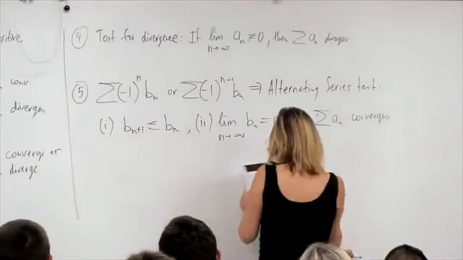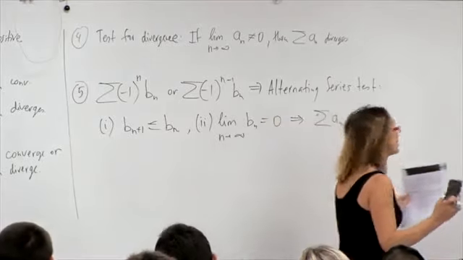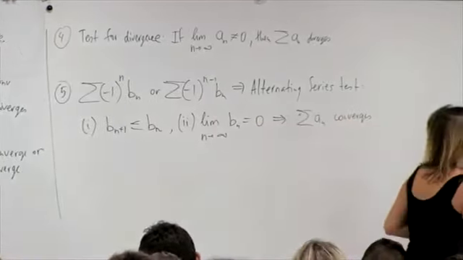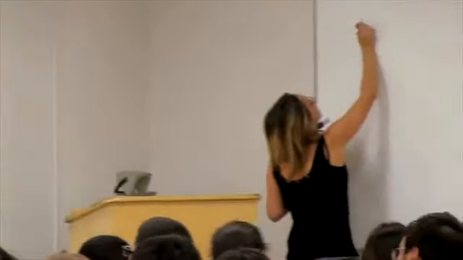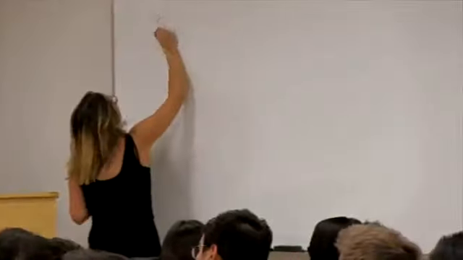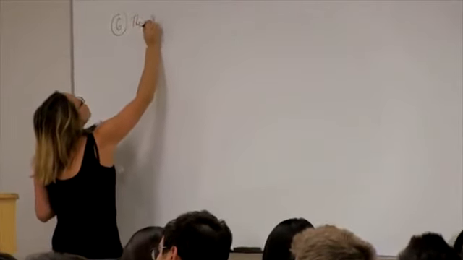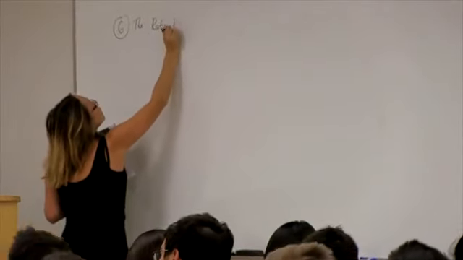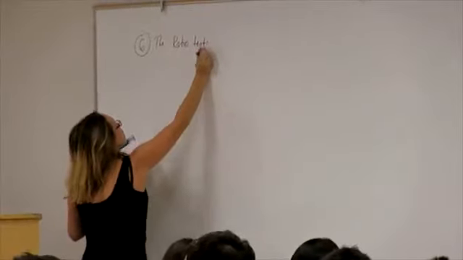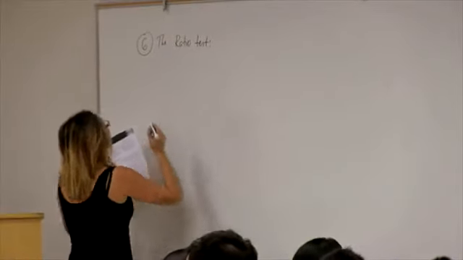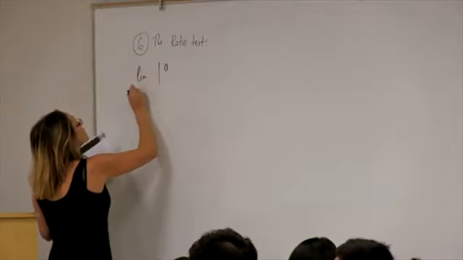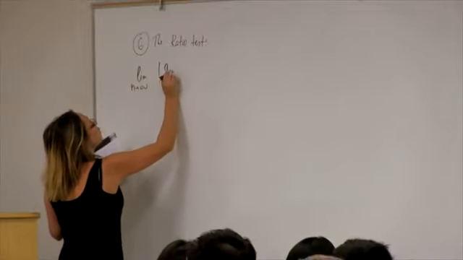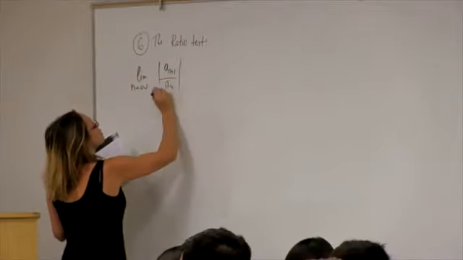The ratio test. There are 3 more tests. Okay, so I go here. Six is the ratio test. So here we're looking for the limit as n goes to infinity of the absolute value of the next term divided by the previous one.